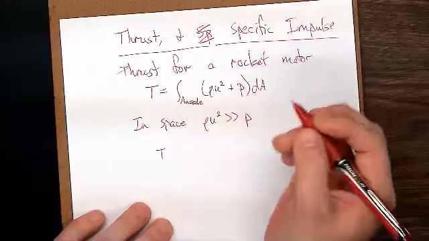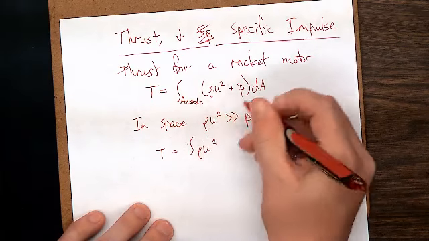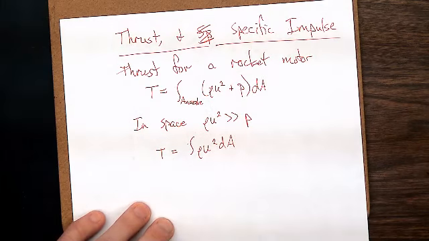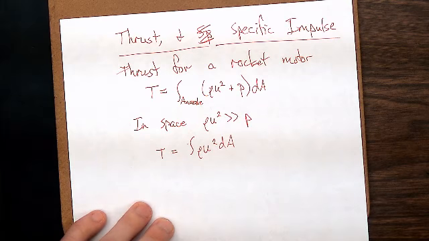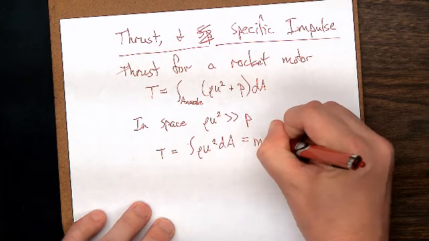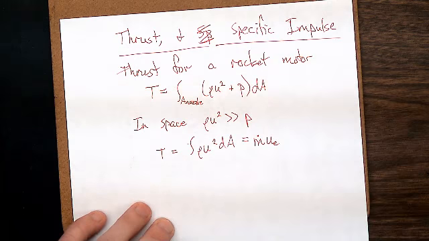So thrust is equal to the integral of rho u squared dA. And if we assume a uniform flow and velocity distribution, this is just equal to the mass flow rate of the propellant times the exit velocity.